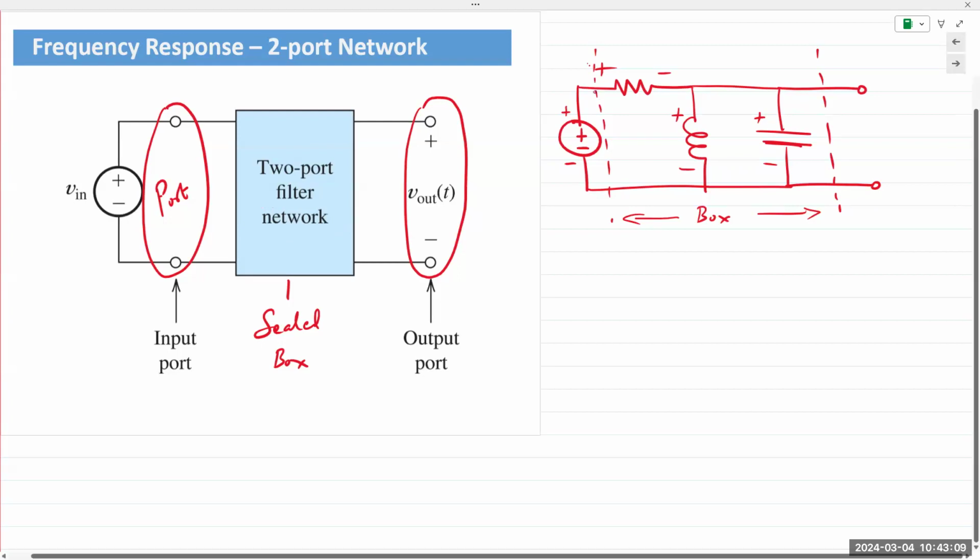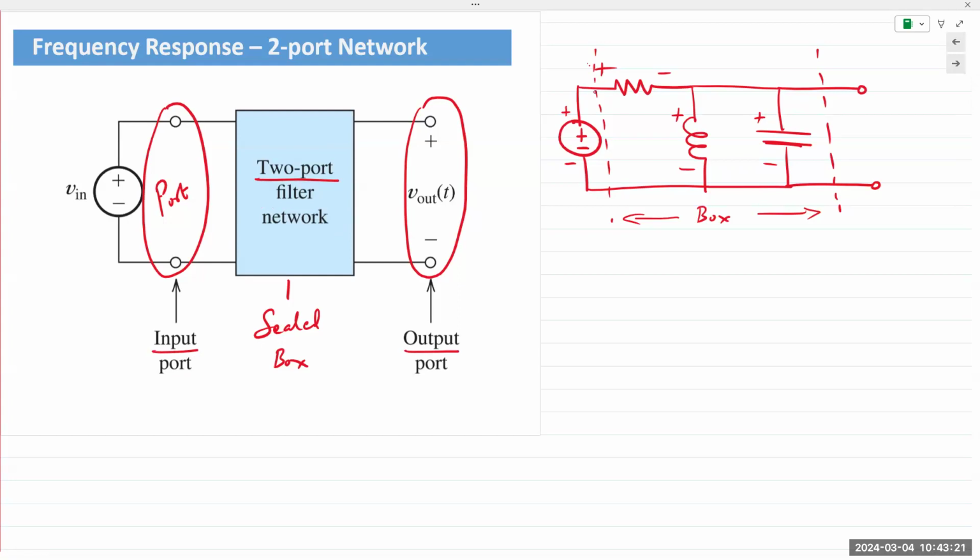And we say that it has two ports, an input port and an output port. An input port comprises two terminals. The output port also comprises two terminals. So it's known as a two-port, two-terminal network. It's a two-port filter network.